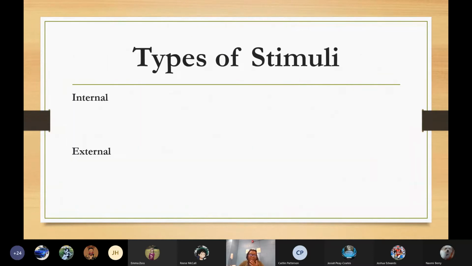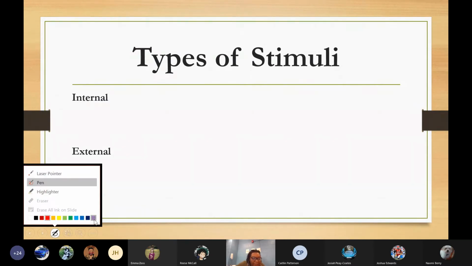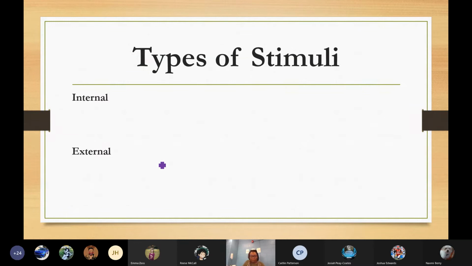So as we continue, we need to understand that there are two types of stimuli. Yes, there are two types of stimuli. Let's use purple this time. So there are internal stimuli or changes. Remember that word stimuli means changes.